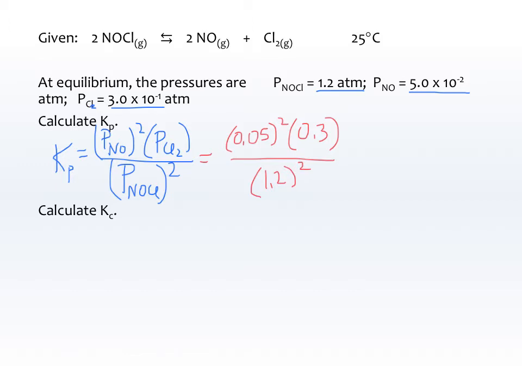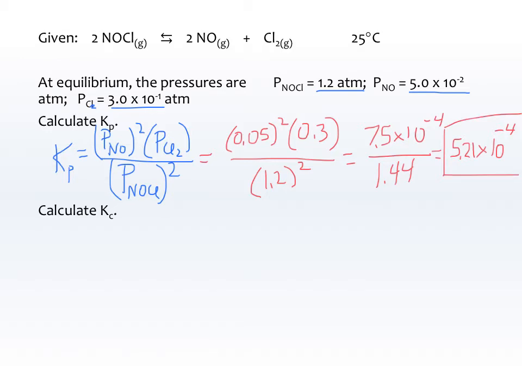So I'm going to get out my calculator. 0.05 squared times 0.3 is 7.5 times 10 to the negative 4. 1.2 squared is 1.44. So let's divide those numbers, and I end up with 5.21 times 10 to the negative 4. So that is my Kp.